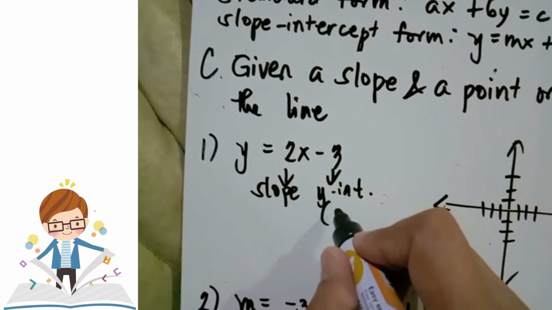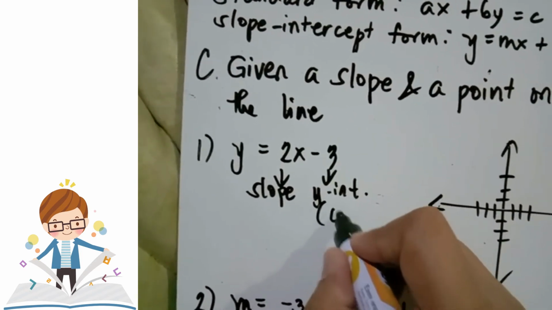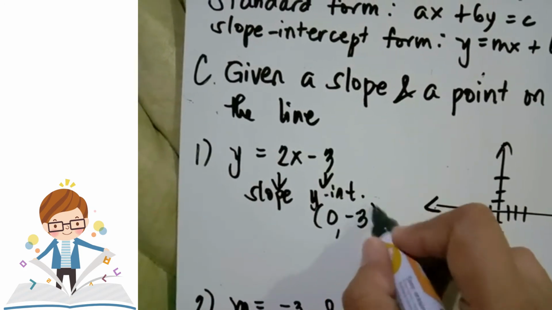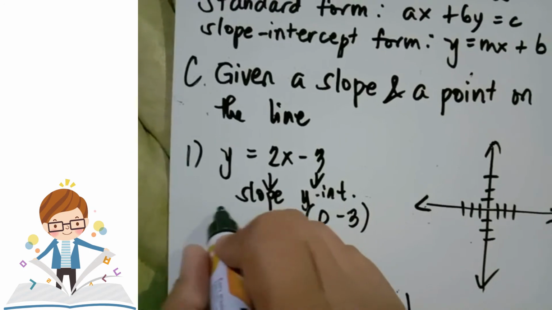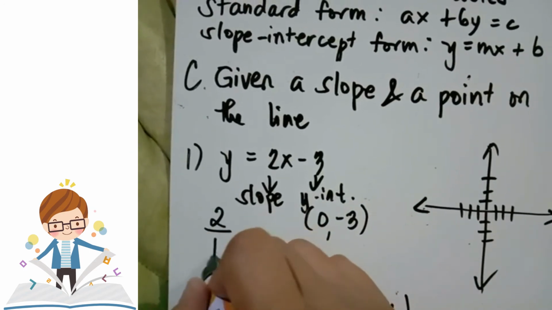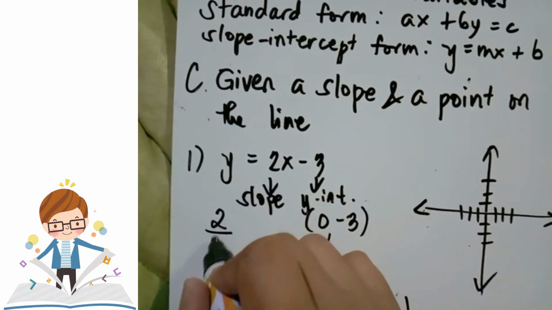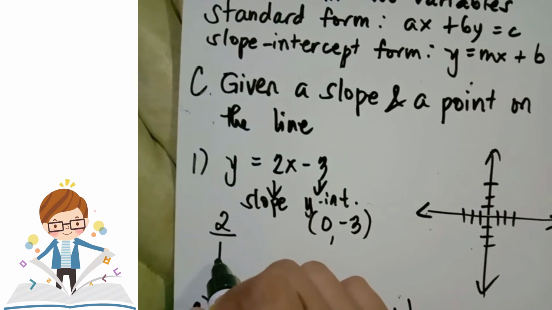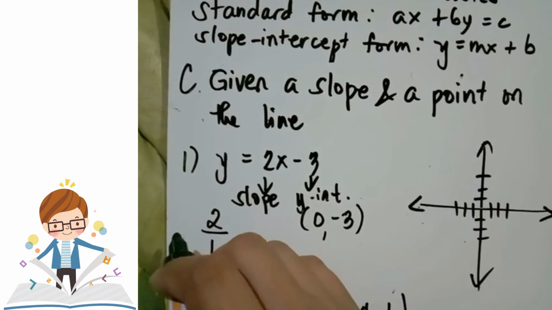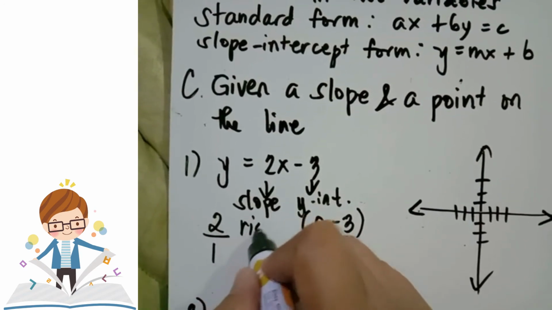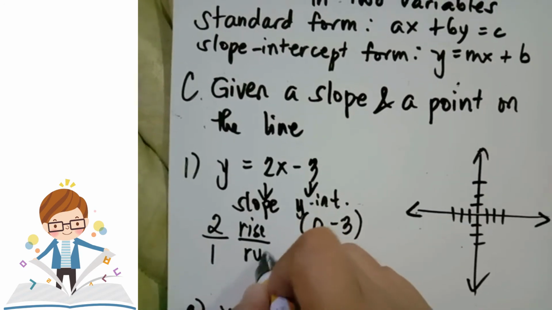So you have there 0 and negative 3 because of the sign, negative. And then what will be your slope? Your slope is 2 over 1. You have 2, and then the denominator is the invisible 1. Okay, with regards to the slope, you have the rise over the run.